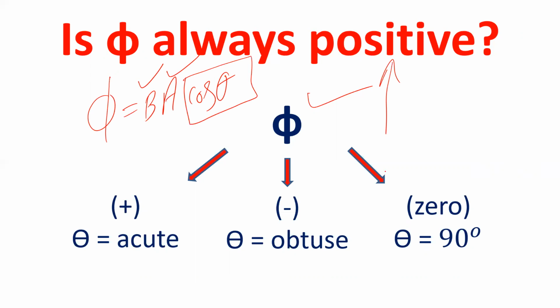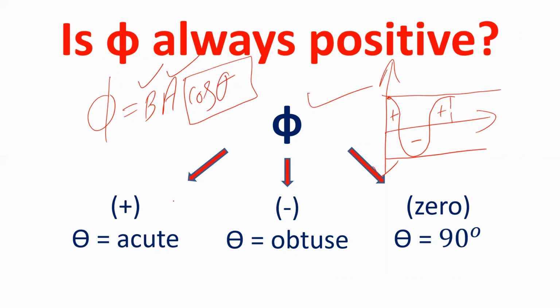Look at the cycle of cos theta first of all. It is positive for some time, negative, then positive, and it keeps on going. So cos theta is positive and negative, and following that phi will be positive and negative, and it could be 0 also.